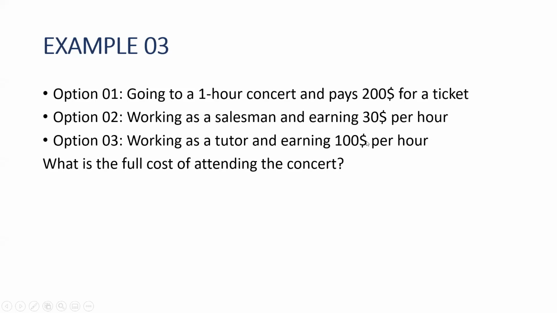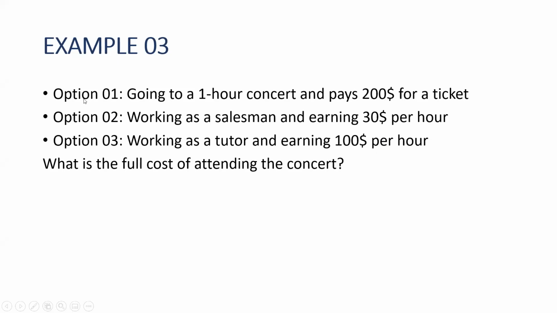So it's not 200 minus 100. Instead, it should be 200 plus 100, because this is also a cost. Option number 1, anyway, the cost is $200. By choosing option number 1, you need to omit either option number 2 or option number 3. Among these two options, the greatest loss is option number 3.